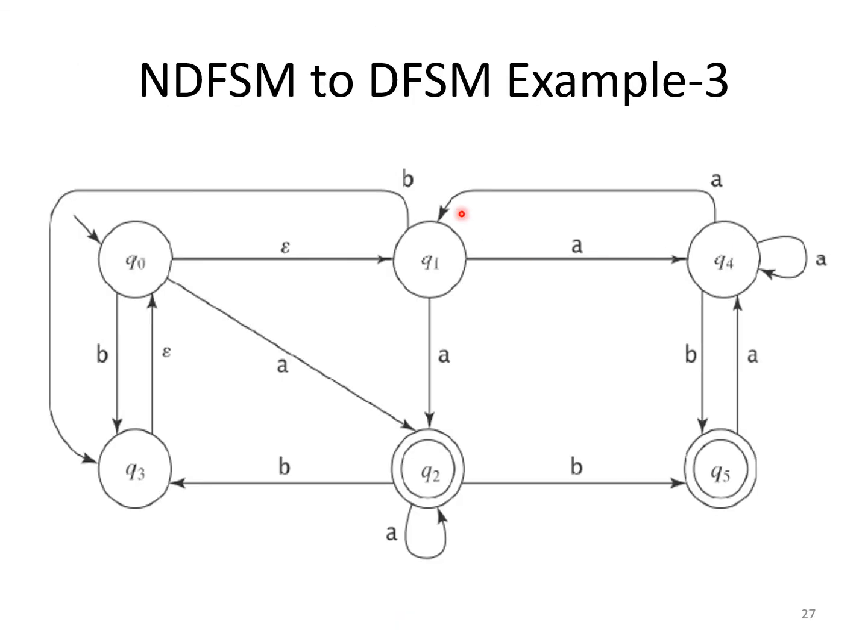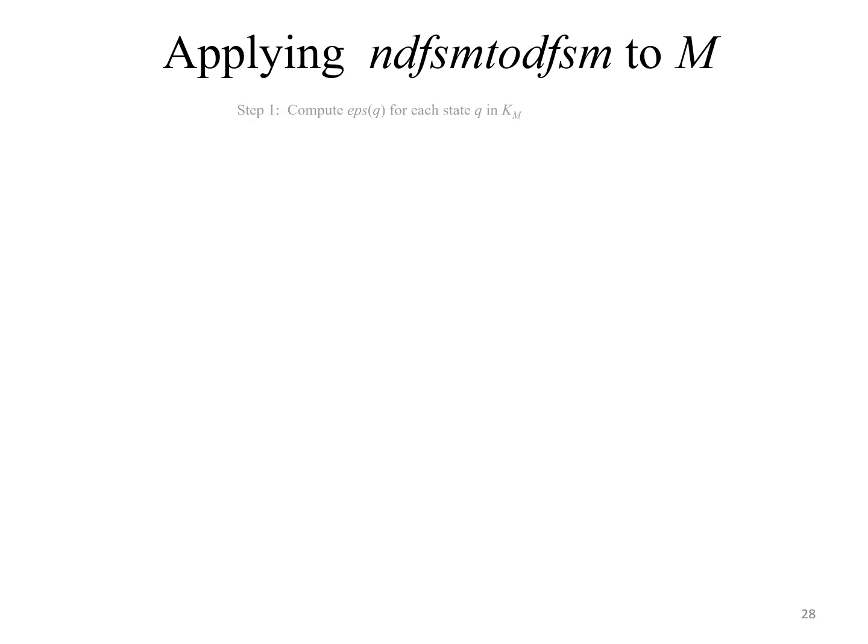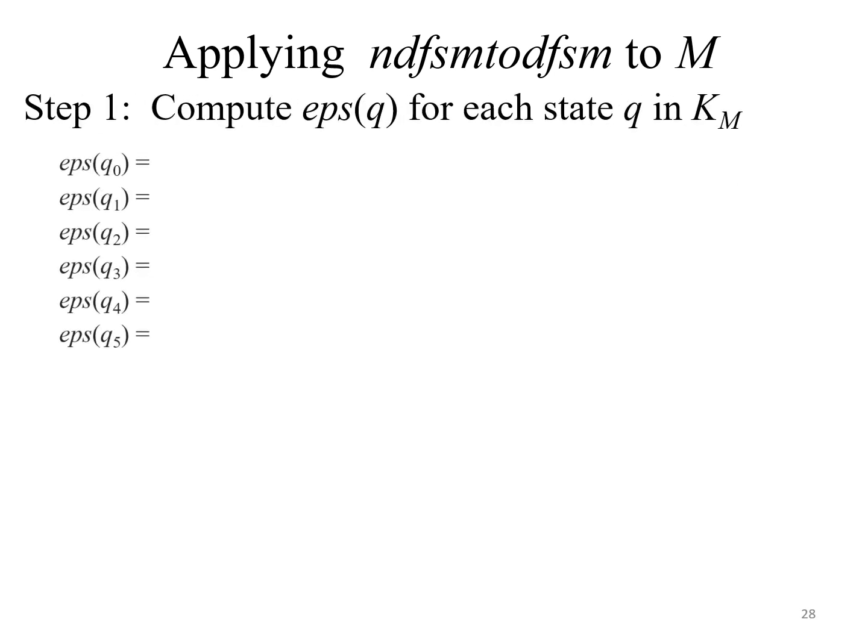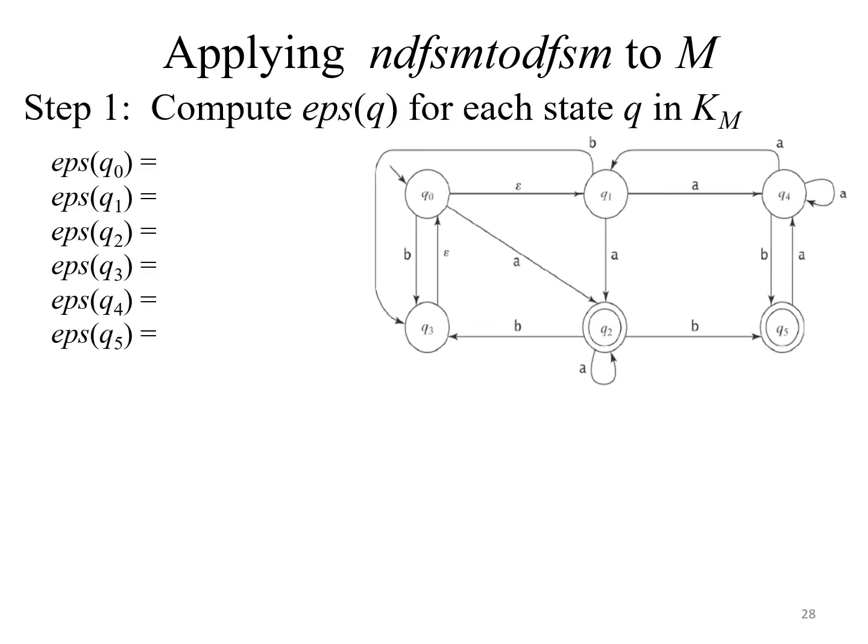Let us see one more example of converting a given NDFSM to its equivalent DFSM. The first step is to compute the EPS of all the states present in the NDFSM, and the EPS obtained for q0 is q0 q1, q1 is q1, q2 is q2, q3 is q0 q1 q3, q4 is q4, and q5 is q5.